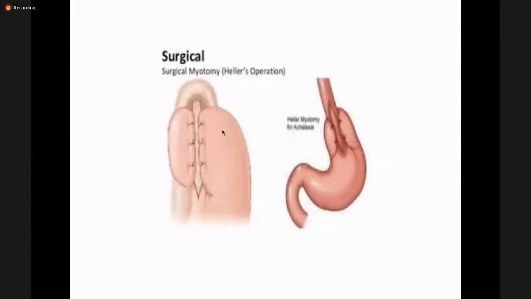One is the Heller's myotomy, and to prevent reflux of the gastric juices into the esophagus, we do anti-reflux surgery, and we wrap the fundus of the stomach around this myotomy incision, and this we call anterior anti-reflux surgery, or Dor. This is the Dor method. There are other anti-reflux surgeries also, like Nissen fundoplication, but in this we do Dor or anterior anti-reflux surgery.